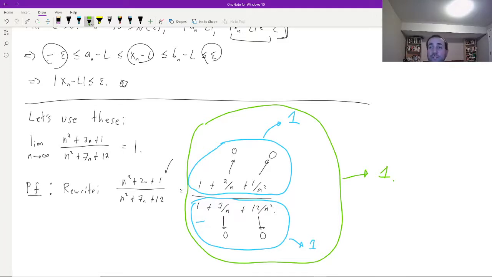This is really the order in which you wish to prove things. That is, if you want to use the arithmetic rules, the first thing you do is these black arrows. You prove some simple limits. And the next thing you do is you group up a bunch of those simple limits using these blue arrows. And you can use the arithmetic rules to combine all of those limits into a big one, which is 1.